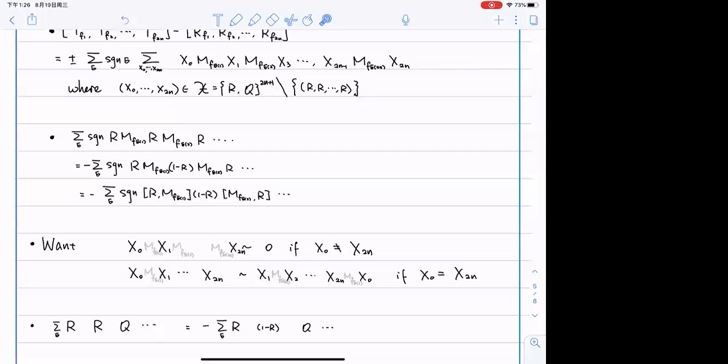Say you have R in the first 3 places. Because these 2 operators commute, and because you are taking the sum over all permutations, you can replace this R by R minus 1, because when you put 1 and take the antisymmetric sum, this just cancels.